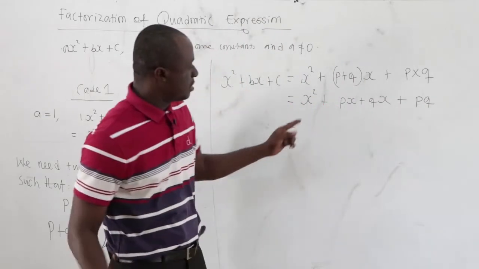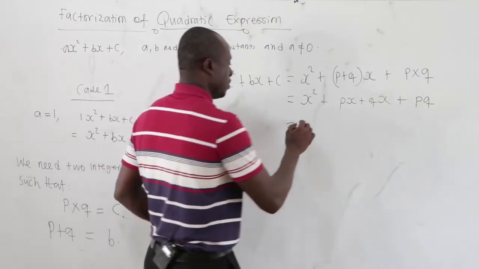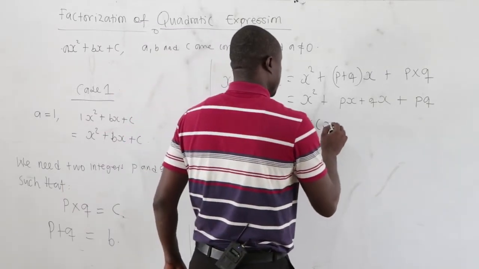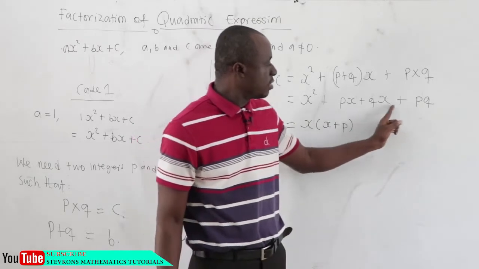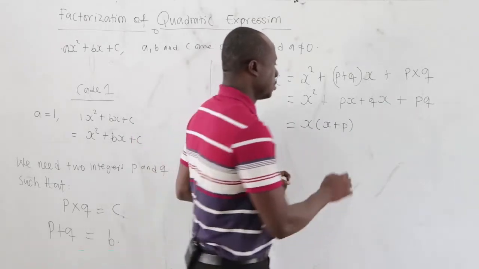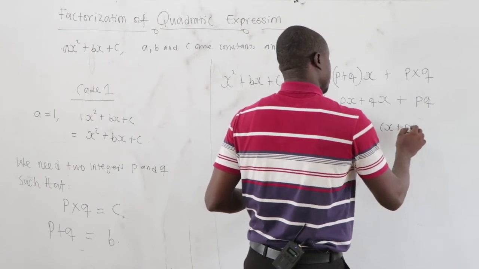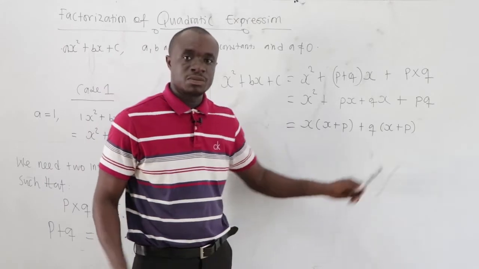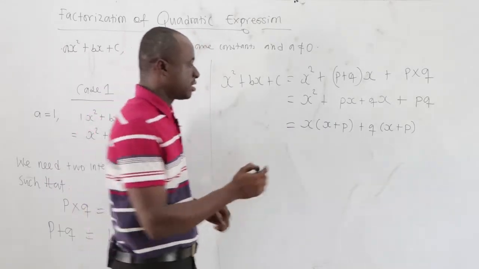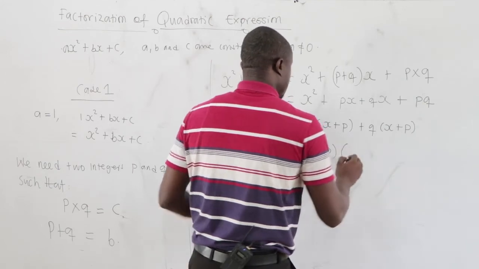Now with this, let's take two at a time. x squared and px, x is common, so you can factorize x out. We have x times x plus p. Now let's see, qx and pq, q is common, so when you factorize q out, we get q times x plus p. Now x plus p is common, factorize the x plus p out. What is left here?